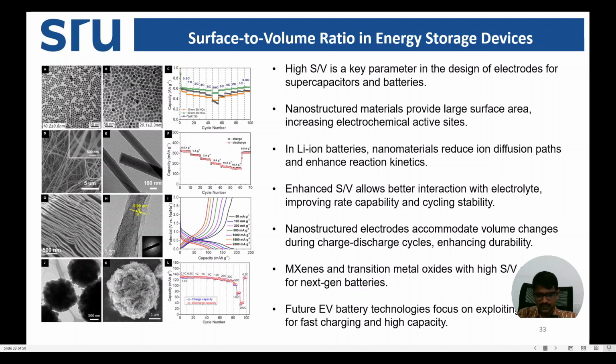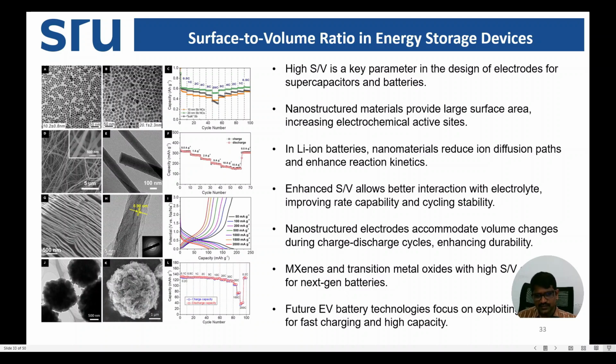Enhanced surface to volume ratio allows better interaction with the electrolyte, improving rate capability and cycling stability. For any good battery, cycling stability is very important, because it's not one-time charging and discharging. We need to charge and discharge many times, and that's how an electric vehicle runs.